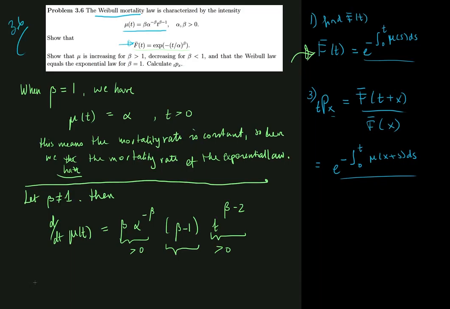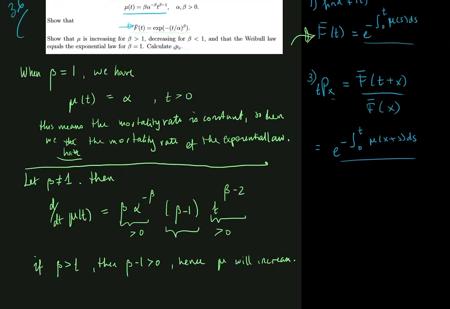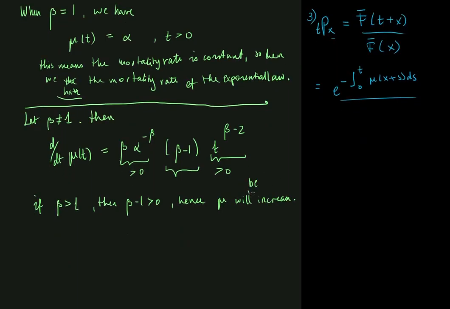So we see if beta is greater than 1, then beta minus 1 is greater than 0, hence mu has a positive derivative for all t, so hence mu will be increasing.